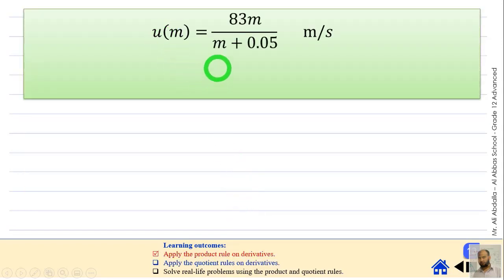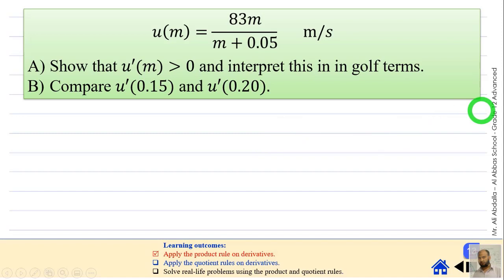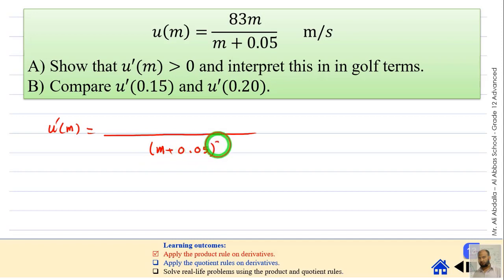We have our function here. We can use the quotient rule because we have a rational function. To find u prime, u'(m) equals: first, square the denominator, (m + 0.05) to the power 2.